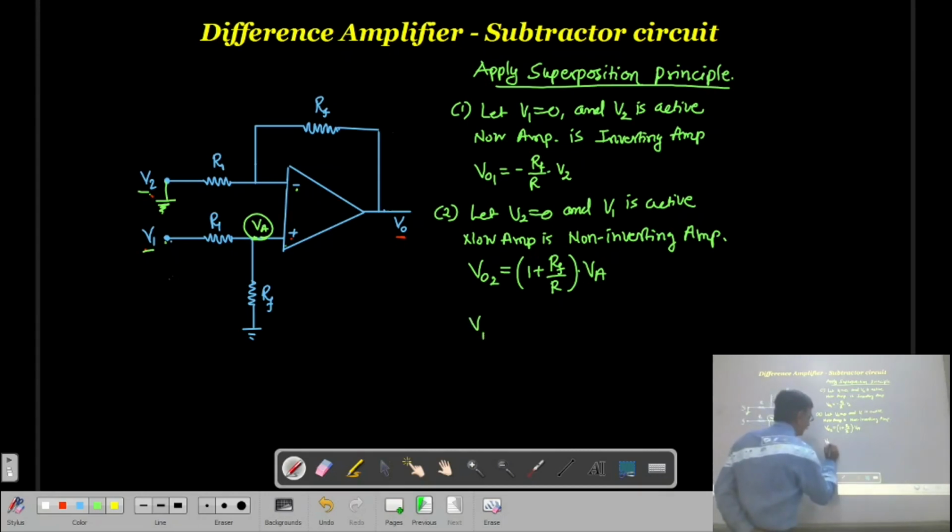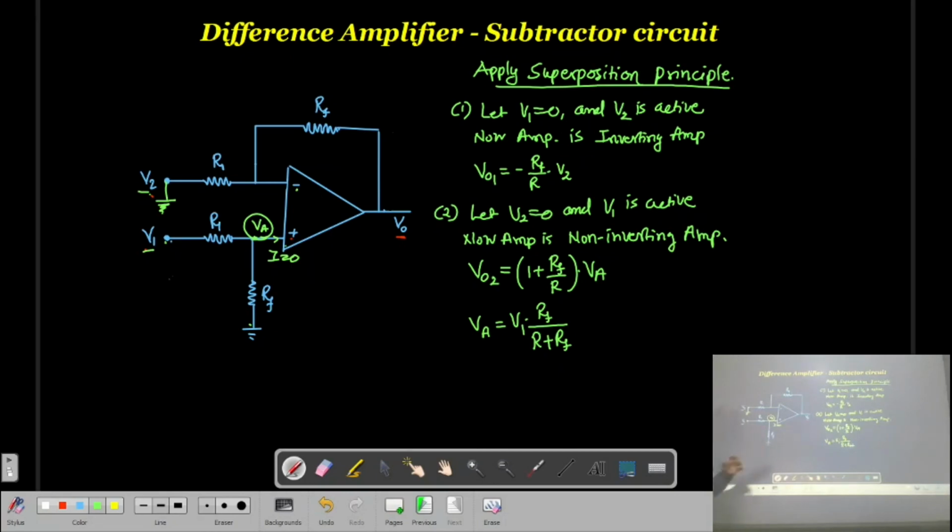Now VA. So here if you look at this, resistance R and Rf both are in series because the flow of current in the operational amplifier is 0. R and Rf both are in series. So here if you apply the potential divider rule, then we can write the potential across the Rf is equal to my total voltage, that is V1 into Rf divided by R plus Rf.